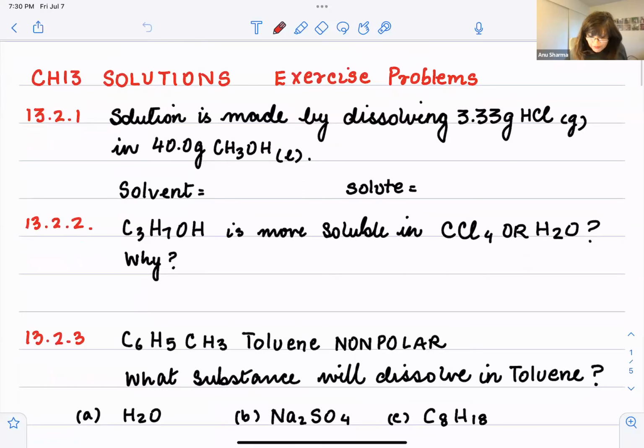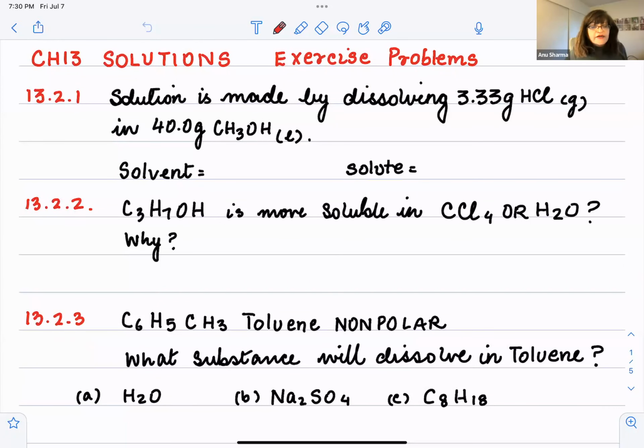So the problem 13.2.1, this is related to the solution made by dissolving 3.33 grams of HCl in 40.0 grams of methanol, CH3OH. If you don't know the names, it's okay for Chem 38 or Chem 192 or Chem 006 or any of the initial classes.